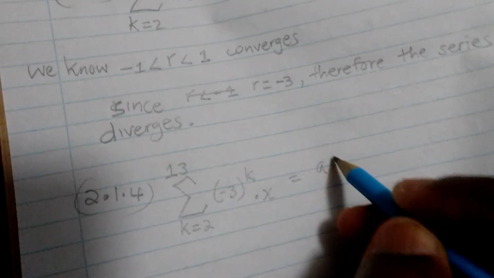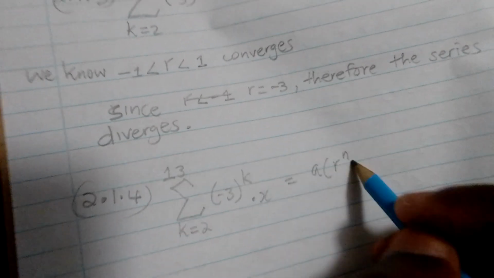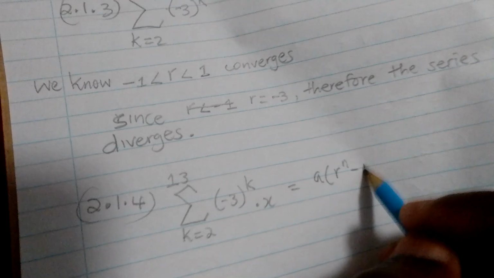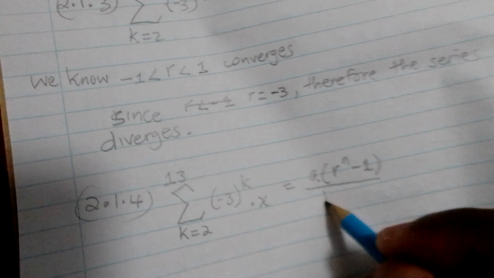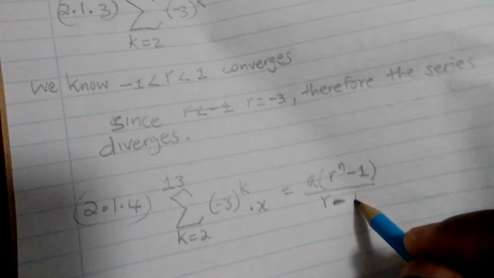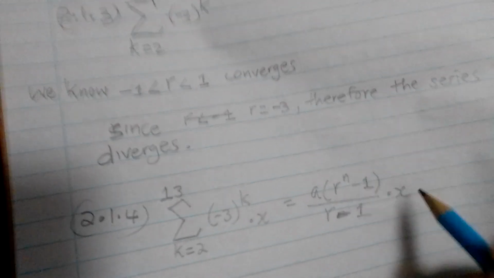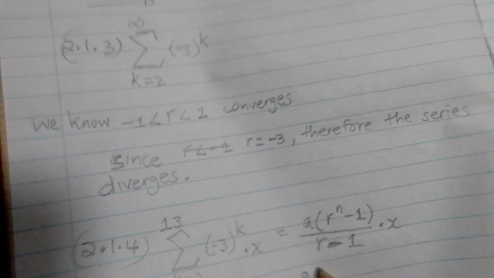Let's just write it down: r to the power n minus 1, over r minus 1, where r must not be equal to 1, times x. And then let's substitute our values there. We know that our a is 9, right?